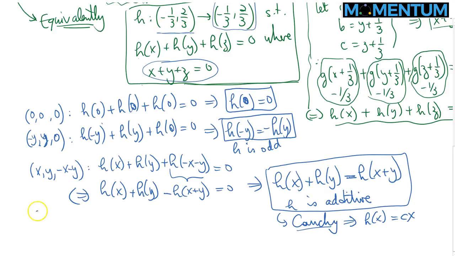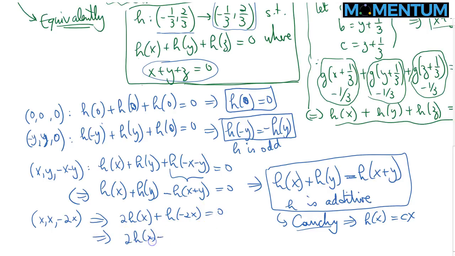What you can also further do is check, for instance, x and minus 2x as well, which implies that if you plug them in, you would realize that 2h of x plus h of minus 2x, remember our function is odd, so that's equal to 0, implying that 2h of x minus... no, just take the minus out, not the 2.